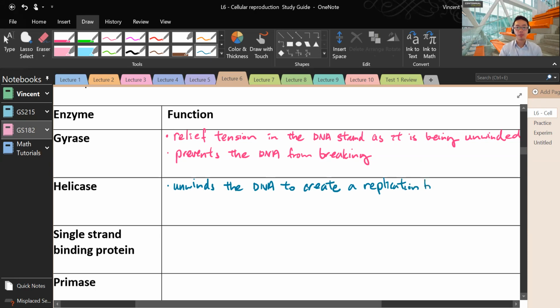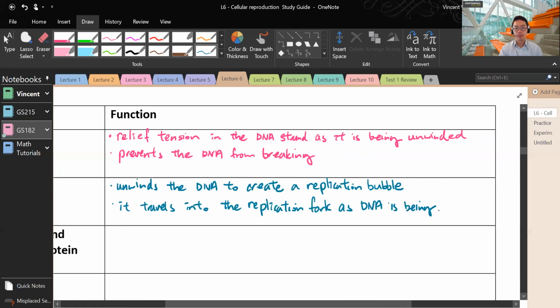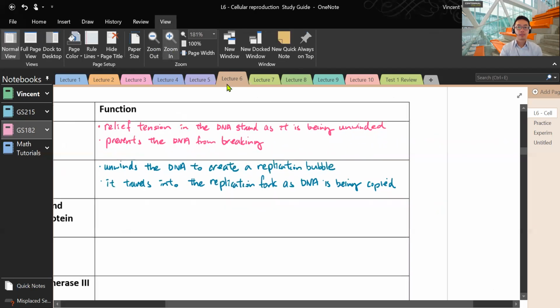It travels into the replication fork as DNA is being copied. Okay.